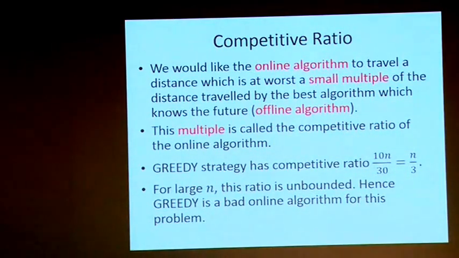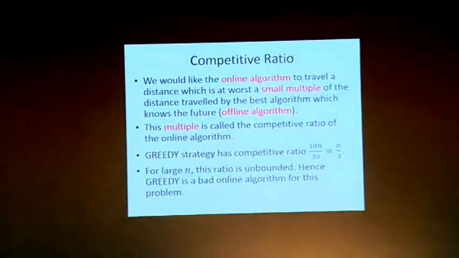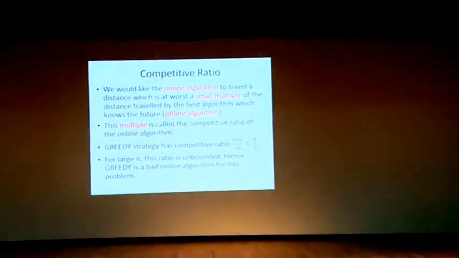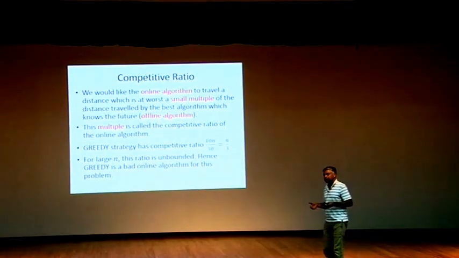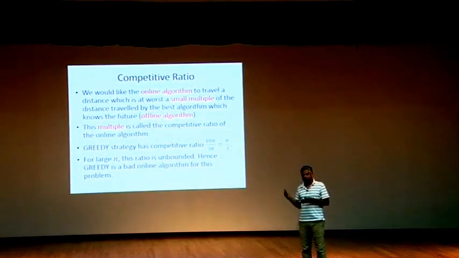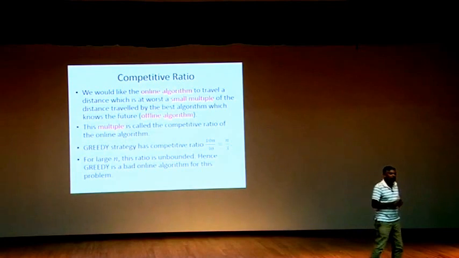It has to make a decision, but it doesn't know what the future has in store. It doesn't know where the requests are going to go. We would like that the total distance that my online algorithm travels for this particular problem is not much more than the best solution.